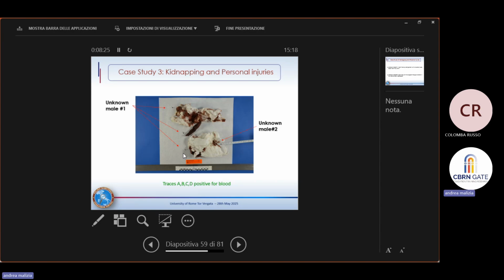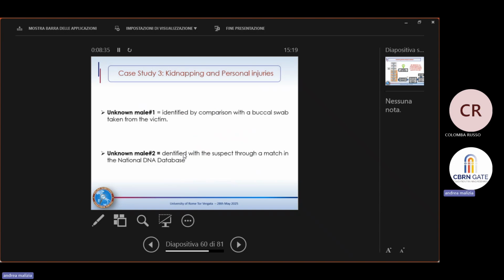So the 2 unknown profiles must be compared to someone to have an identification. Unknown male 1 was identified by comparison with a buccal swab taken from the victim. Unknown male 2 was identified as the suspect through a match in the national DNA database, because the suspect had already committed crimes. So he was in the Italian national DNA database.